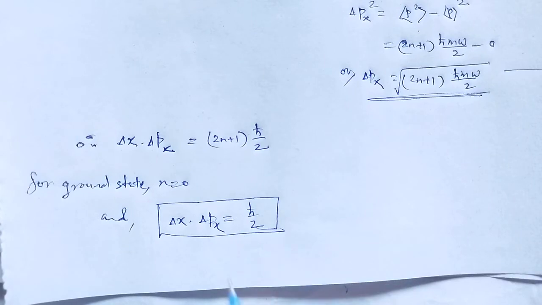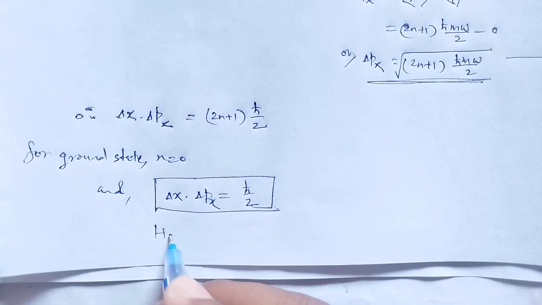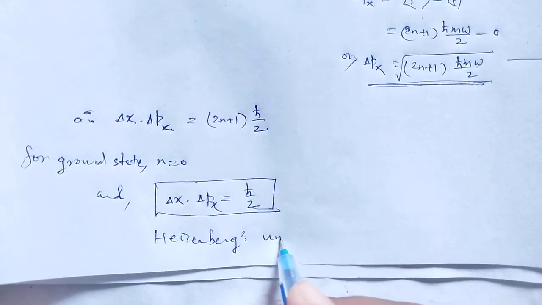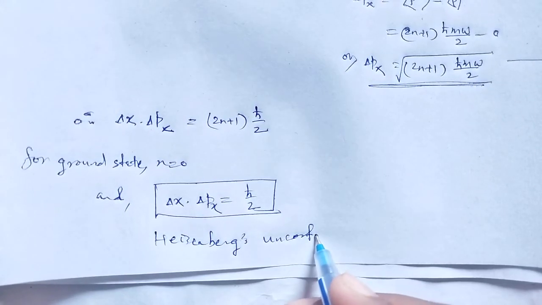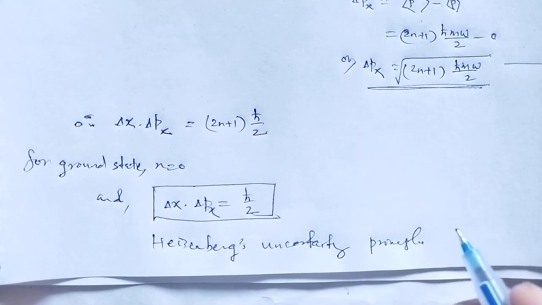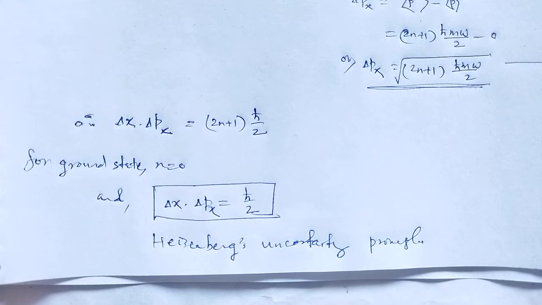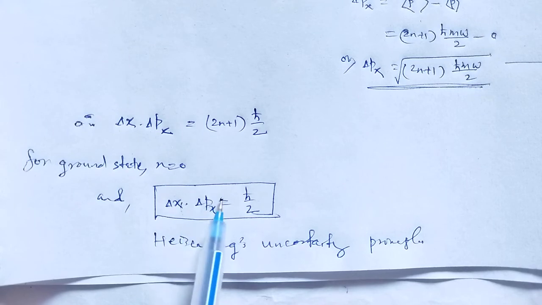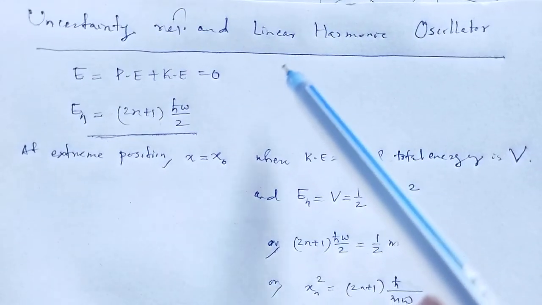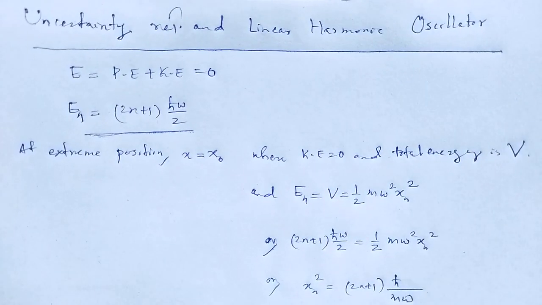What is that one? That is the Heisenberg's uncertainty principle. The product of uncertainty in position and uncertainty in momentum is equal to ħ/2. This is the uncertainty relation for the linear harmonic oscillator.